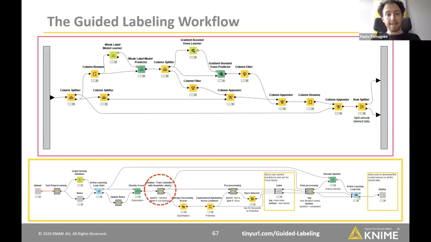And inside this sub workflow, you can see the weak supervision part that Adrian was explaining. We have the weak label model learner, the weak label model predictor, the gradient boosted trees learner, reading the probabilistic input of the weak label model, and then also predicting, and then this will be retrained at each iteration.